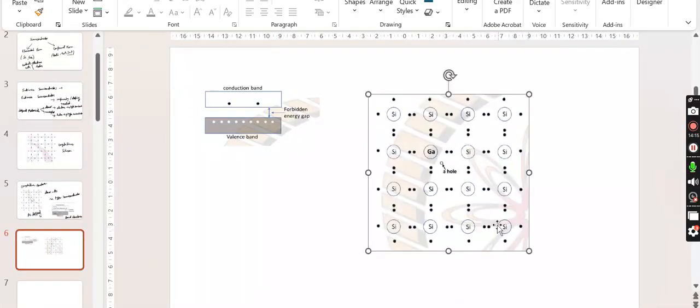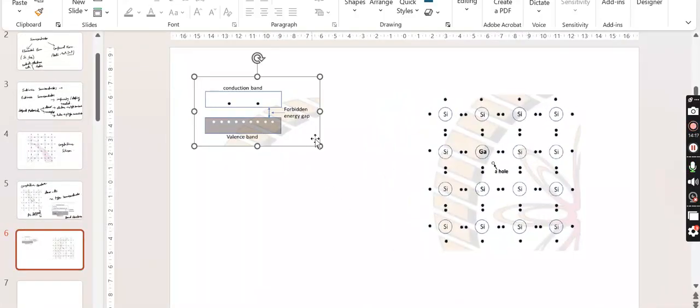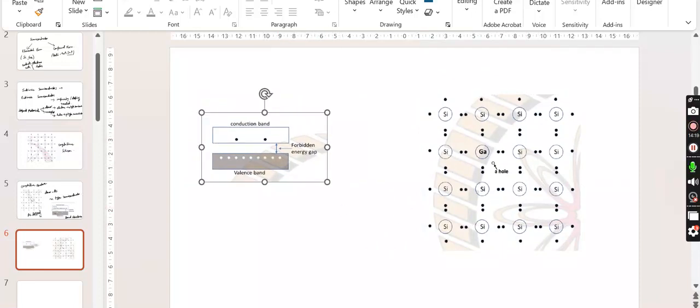This is the corresponding crystal structure of the acceptor, or p-type semiconductor. The gallium in here works as an acceptor, and why is it called an acceptor? Because the number of valence electrons on the gallium is actually 3.